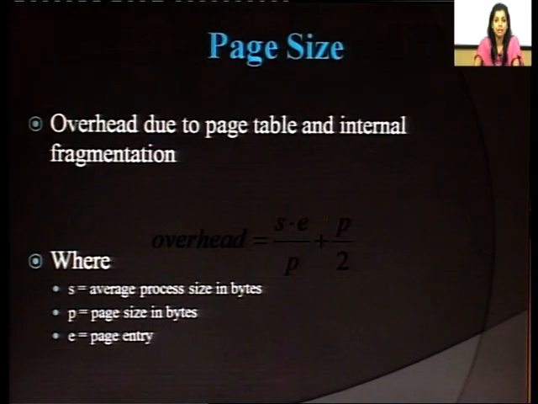So page size also has an impact: overhead due to the page table and internal fragmentation. When we design page tables, it may increase the overhead, and it also causes internal fragmentation.